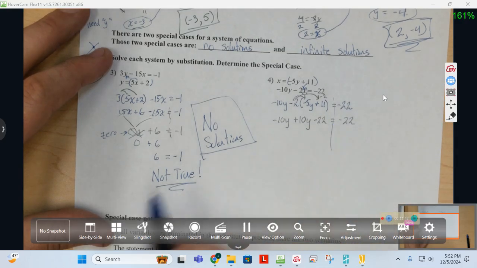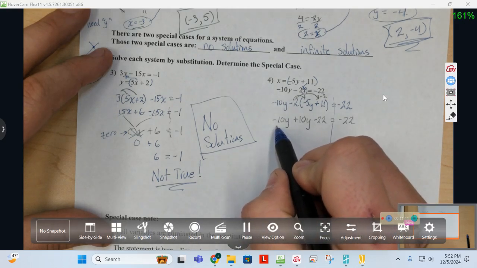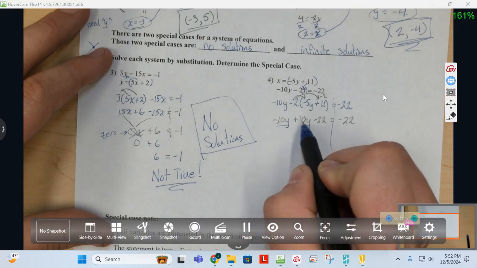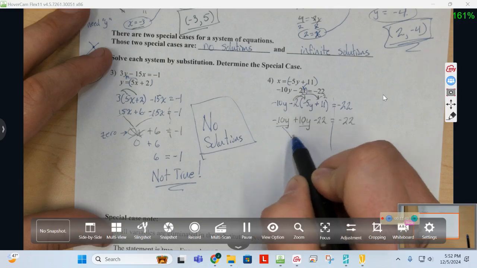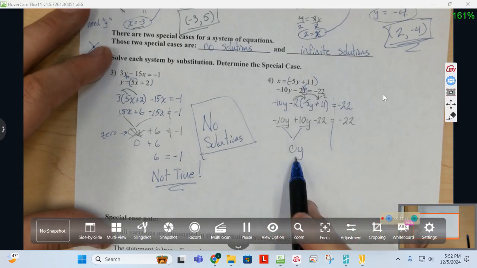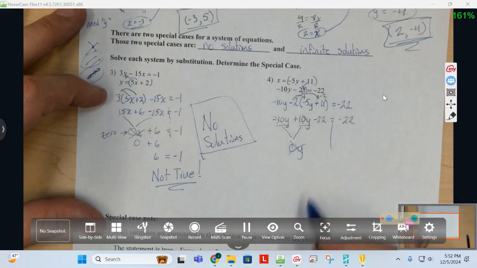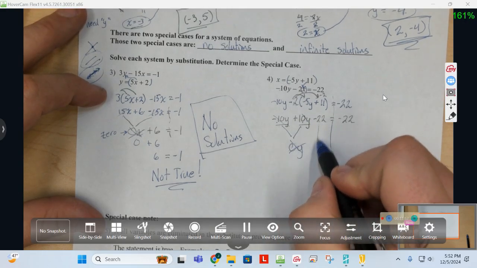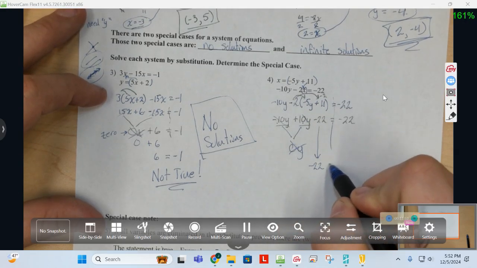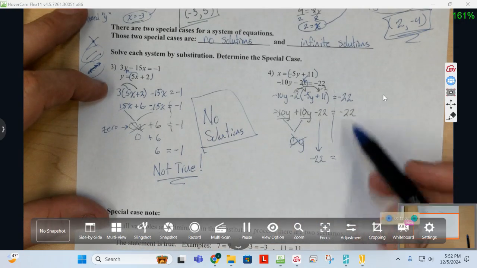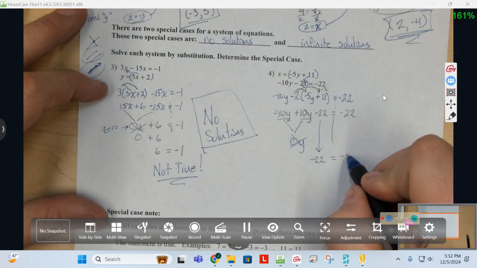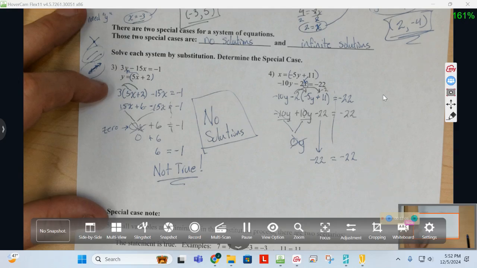Again, before we start doing any algebra, you can see that the two like terms, this is a -10y and a positive 10y, that would equal 0y. But just like the zeros over here, these two are opposites or inverse. They cancel out, and so we don't have those there. We just have a -22. So imagine those just go away, and the left side is -22, and the right side is -22.